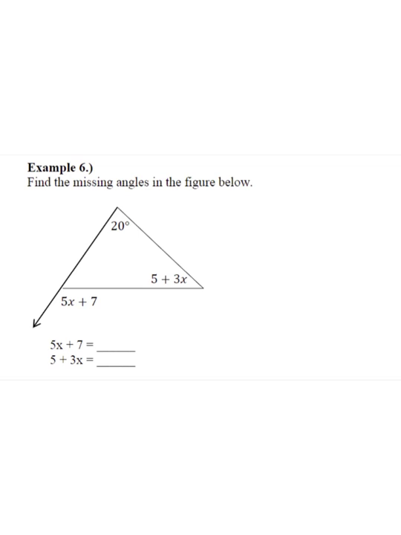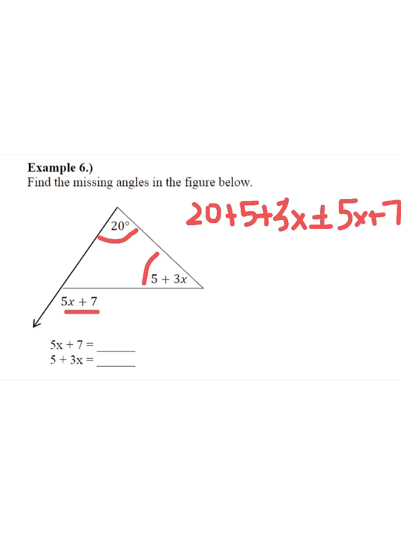Alright, so this one says find the missing angles in the figure below. So you can do this by adding your two remote angles together. 20 plus 5 plus 3x equals your exterior angle, which is 5x plus 7.